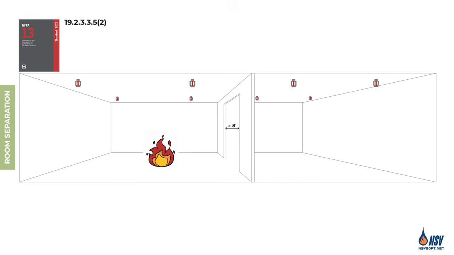In that case, the 2 spaces must be treated as a single room, and the calculation must include all sprinklers in both areas. It should also be noted that if the room of fire origin has a single opening and its width is 36 inches or less, the spaces may still be treated as separate rooms even when no lintel is provided.